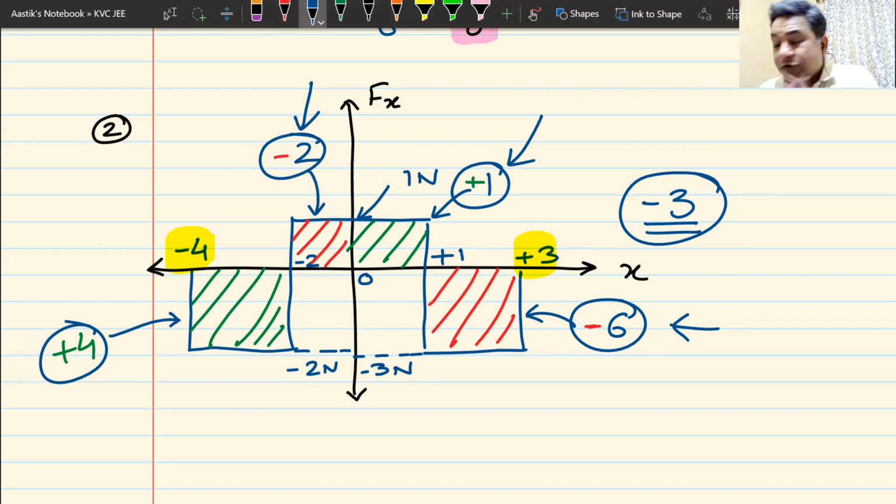Great. So what is the basic concept that we wanted to understand here? How do we find out whether the force displacement area is positive or negative? +4 because it is negative multiplied by negative, -2 because it is positive multiplied by negative, +1 because it is positive multiplied by positive, and -6 because it is negative multiplied by positive.